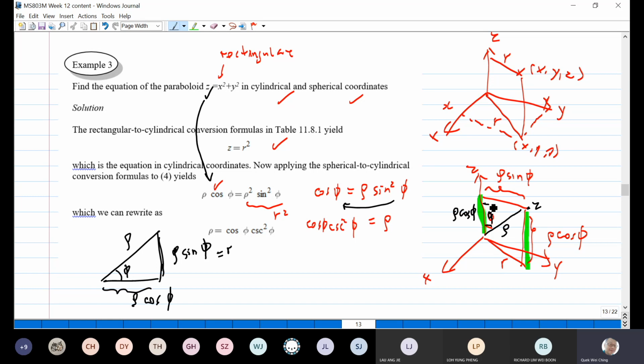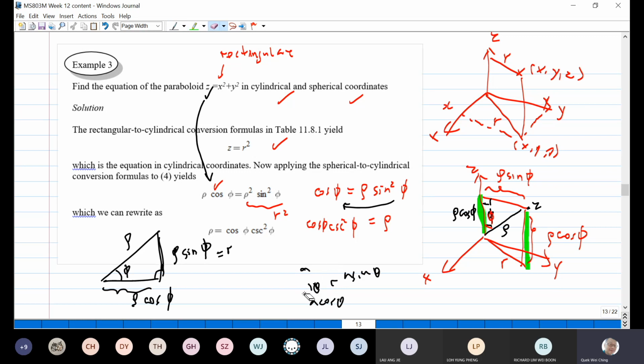Just like the usual triangle, say this is A and this angle is theta. This side is A cosine theta and this side is A sine theta. That is the usual way to understand a triangle.